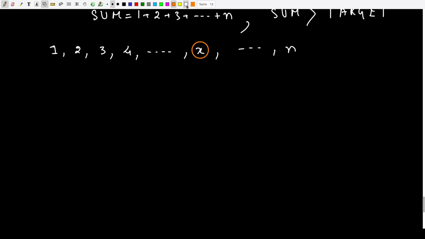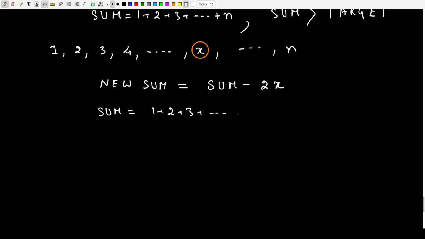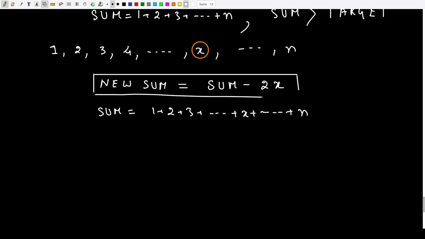So if we flip this number, then the new sum, as you can recall from our earlier discussion, will be equal to sum minus 2x, right? And where sum is equal to 1 plus 2 plus 3 plus all the way till n. So by flipping any number, the new sum will be equal to sum minus 2x.